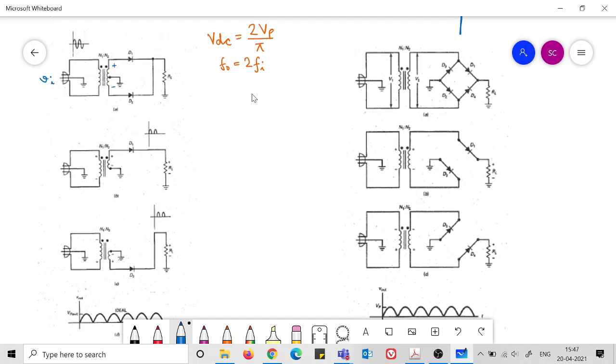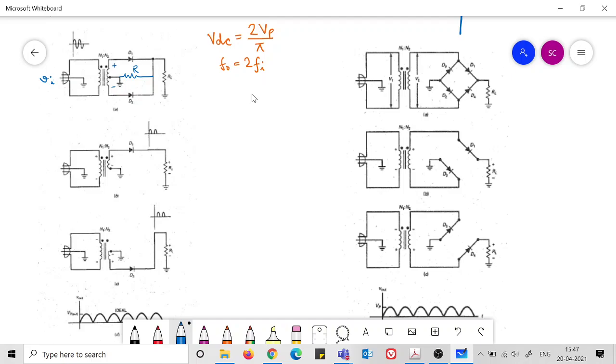If you are not so comfortable to visualize using this ground terminology, you can probably draw the resistance directly here like this. Now it might become easier for you. So when it is in the positive half cycle, this diode is feeling a forward bias and this diode is feeling a reverse bias. So the current will pass in this direction only and this is open circuit.